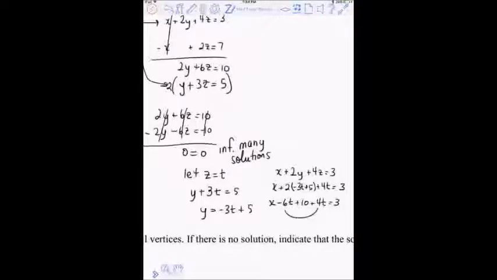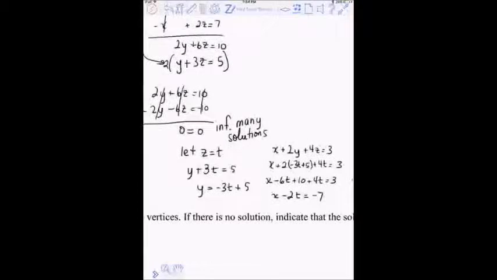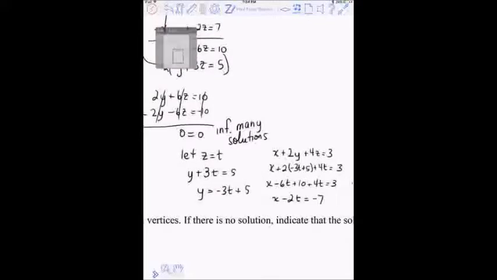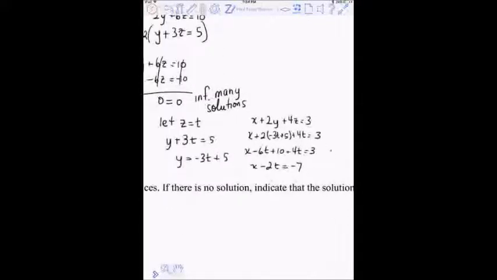So the 6t, the negative 6t and the 4t are negative 2t. And if I move the 10 over there, subtract, I'm going to get negative 7. Then if I add the 2t over, I'm going to get x equals 2t minus 7.